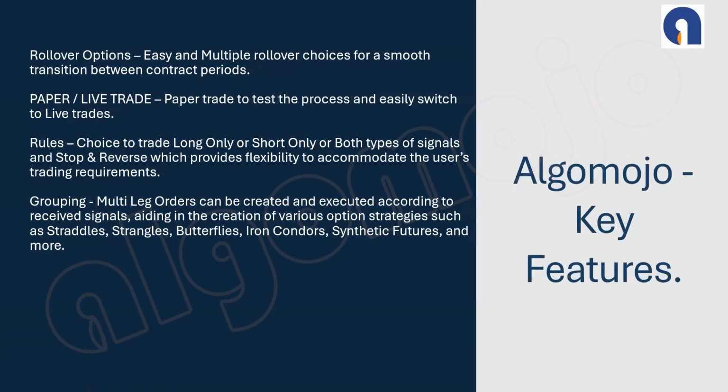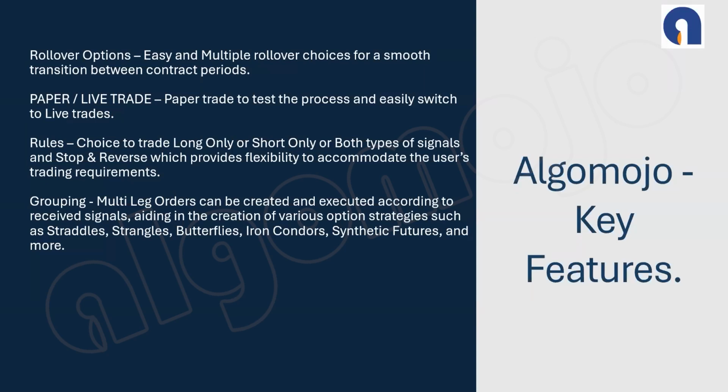Grouping is another facility which is available. There are a lot of traders who use option strategies like straddles or butterflies or iron condors, which involve multiple legs of orders to be placed. In our platform you have the flexibility to define each of those legs, group them, and place orders based on a single signal.